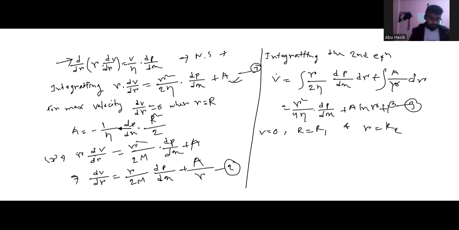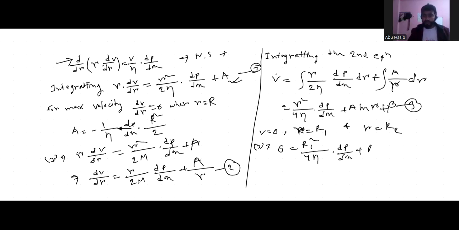So from 3, we will get 0 is equal to r1 squared divided by 4 eta d/dx of p plus a ln r1 plus b.